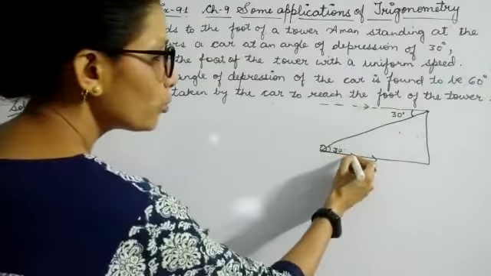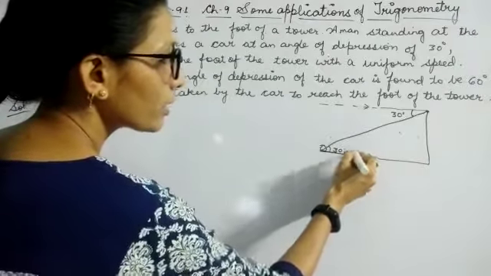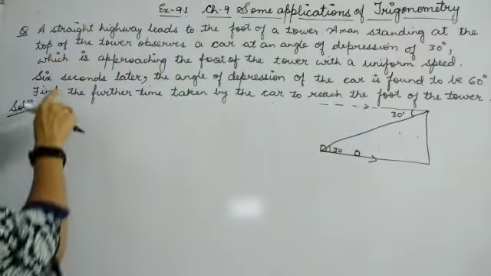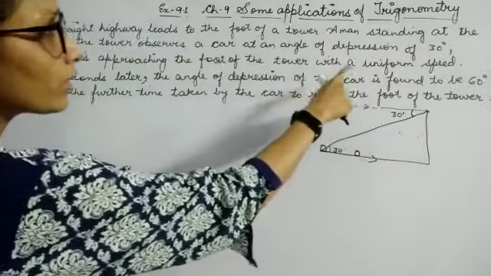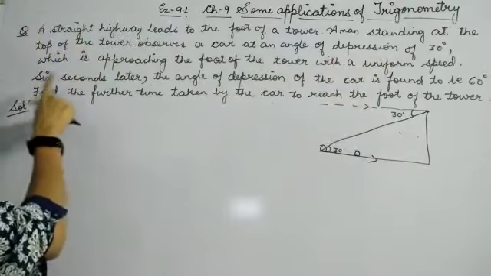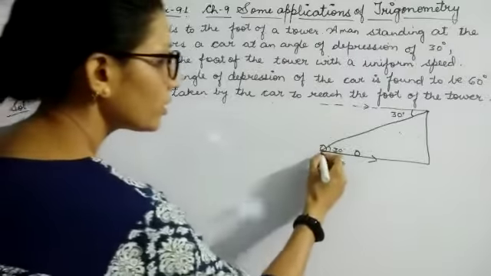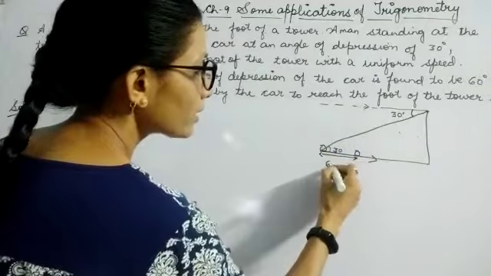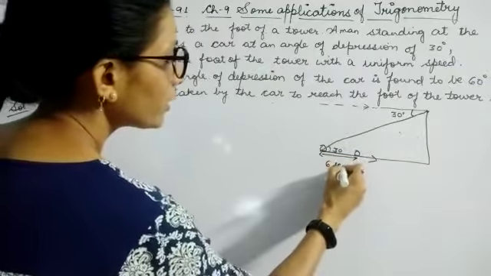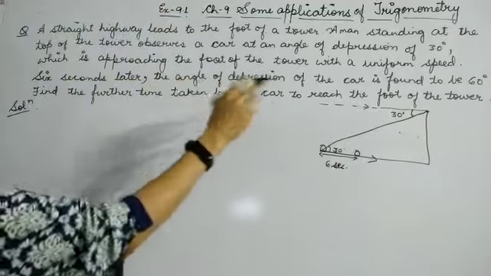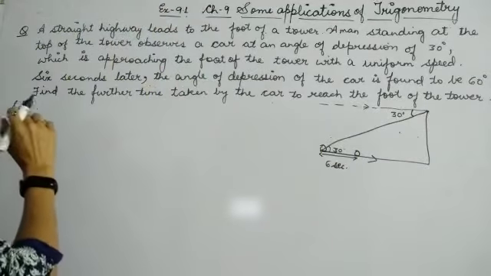But when it moves a certain distance, let's suppose the car reaches this point, then approaches the tower with a uniform speed, 6 seconds later. That means from here to here it takes 6 seconds. The angle of depression of the car is found to be 60 degrees.